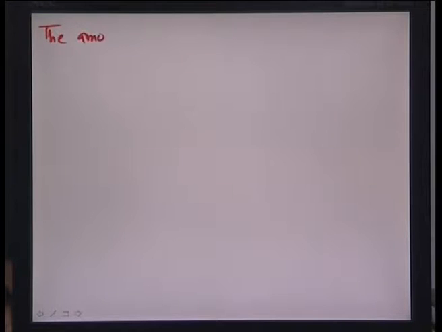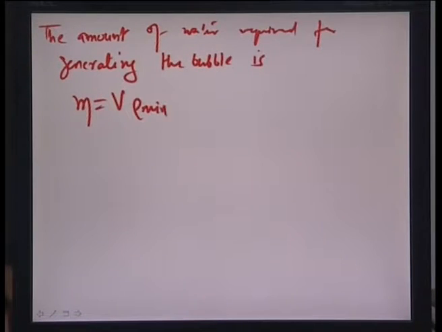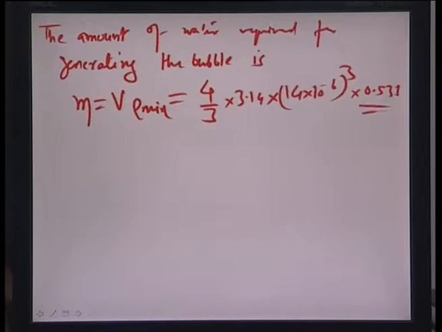The amount of water required for generating the bubble is m equal to V times rho mix, which is 4 by 3 pi r cube times 0.536, the density at this particular pressure and temperature.